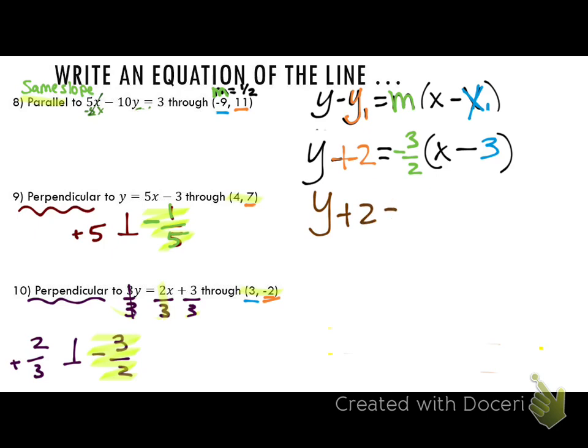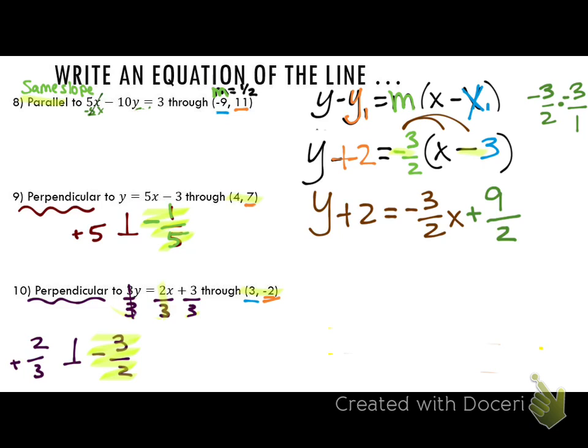So we got y plus 2 equals negative 3 over 2x. Then again, negative 3 over 2 times negative 3. You can put it over 1. Multiply the top, so what's negative 3 times negative 3? 9. And then 2 times 1 is 2. It was a negative times a negative, which makes positive.